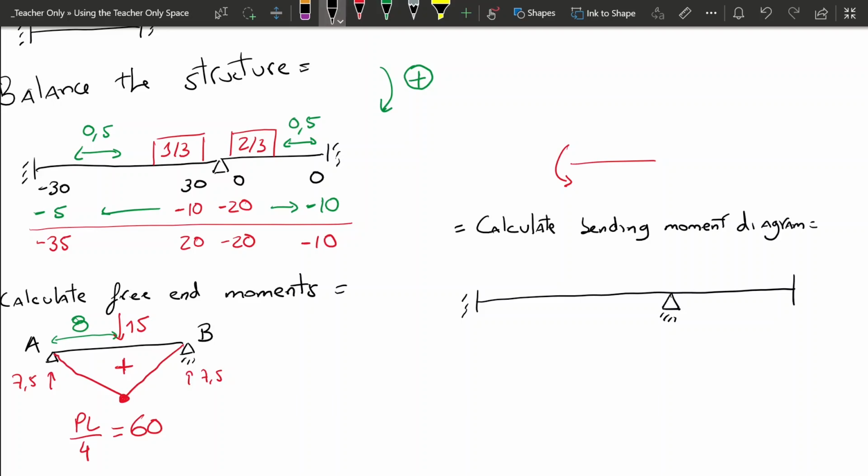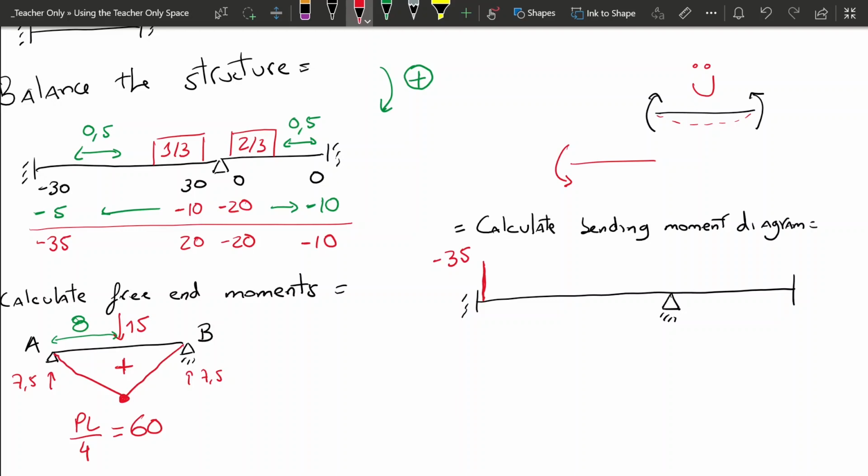So here we have to pay attention that the convention for bending moment diagrams is this one. So on the left, clockwise, and on the right, counterclockwise, to cause tension on the bottom, or if you want, a smiling structure, okay? Now, on the left side, negative stays negative. So I know that minus 35 will still be minus 35 in my final bending moment diagram.